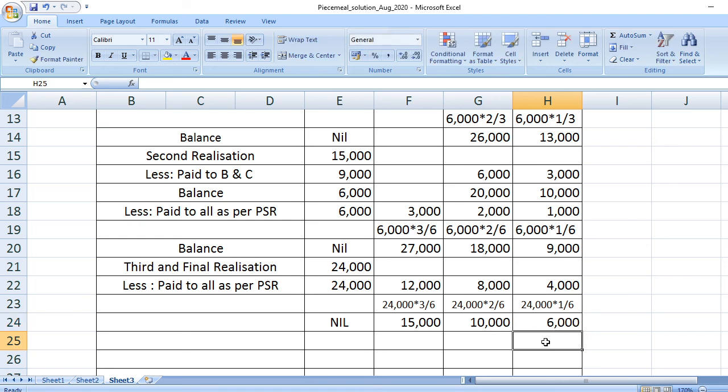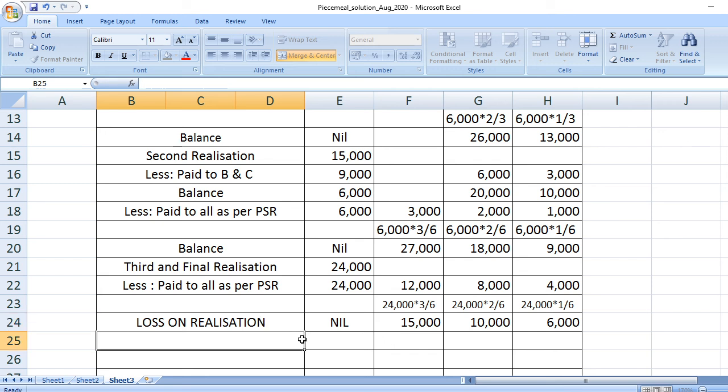So see friends, we got these values. What do we have to write here? It is a loss. Loss on realization.